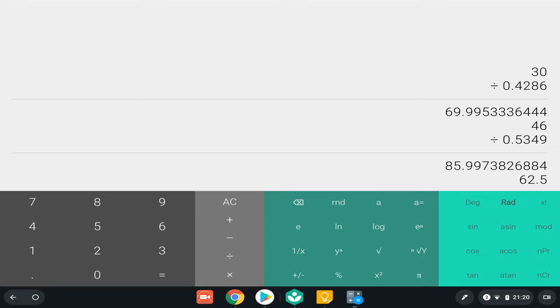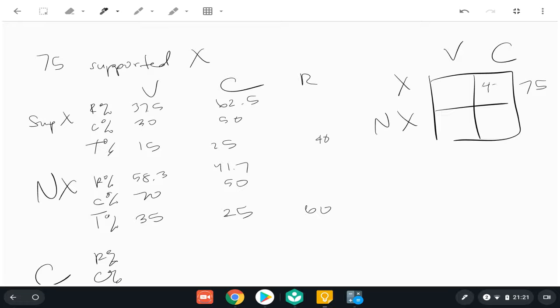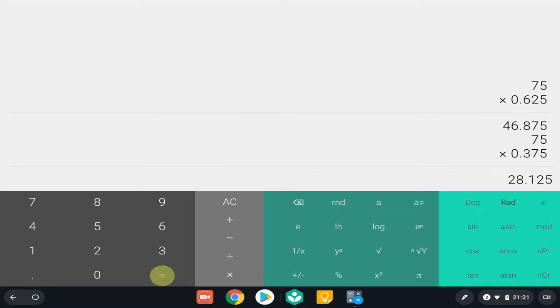Oh whoops, so 75 times, not divided, 0.625 equals 47. 47 times 0.28.